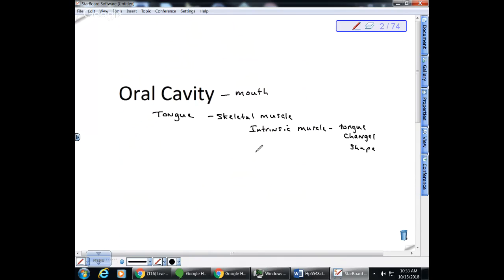And then we have the extrinsic muscle that allows it to change its position. So like to be able to stick out or pull back in. So when we look at the function of the tongue, one function is to manipulate the food.